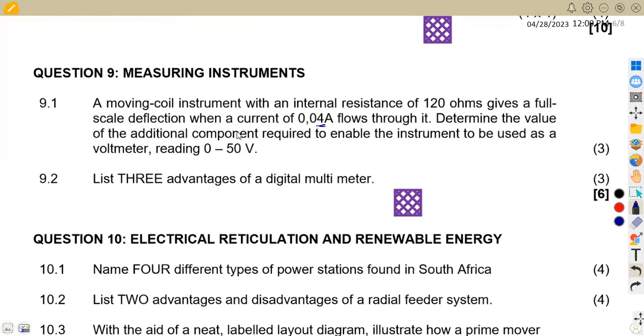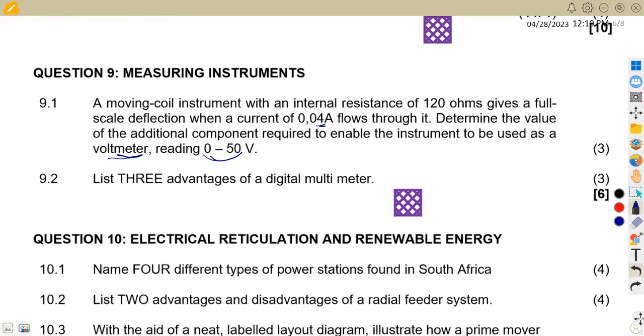Determine the value of the additional component required to enable the instrument to be used as a voltmeter reading from 0. As a voltmeter, we are going to use a multiplier. If we are to measure current, we use a shunt resistor.